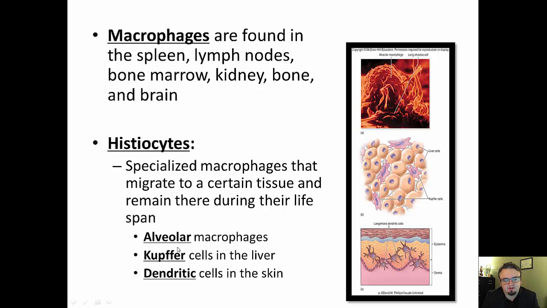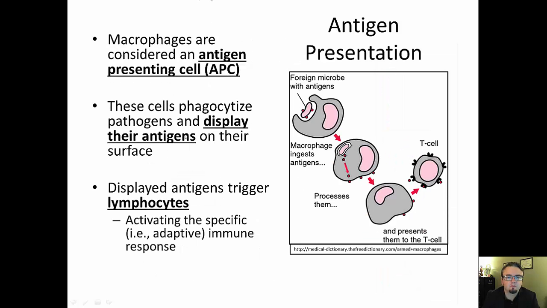These cells are specialized to play a role in that kind of high volume area, so to speak. The liver is a kind of filtering organ. Lots of things come through there. And the skin is susceptible to damage and all sorts of infection, so there are specialized cells there as well. So those are just some different terms that apply to macrophages in different locations.